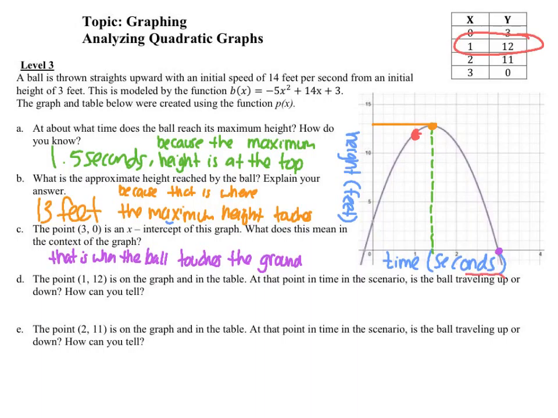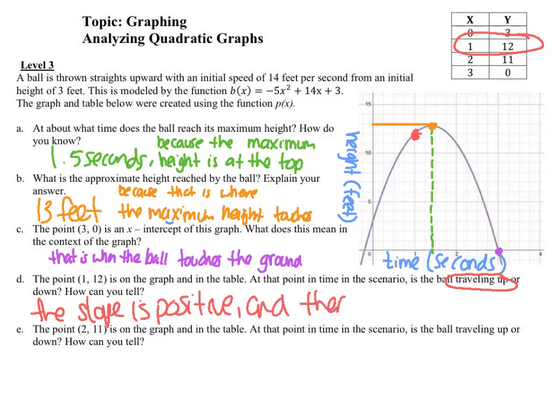Well, the ball is still going to be traveling up for a couple reasons. The slope is positive, and there is a higher number at the maximum.